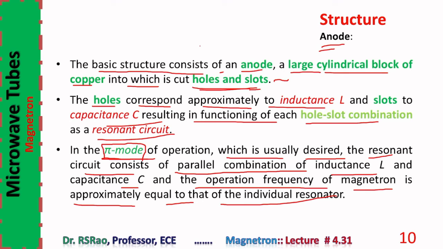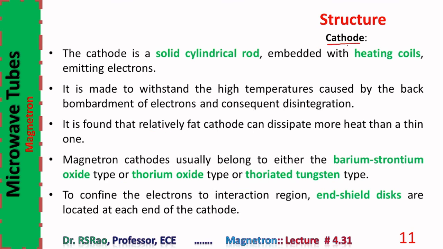Pi radians are 180 degrees. This mode is widely employed in the design of magnetrons because it is associated with several advantages. We are going to see all those aspects in the coming sessions. So pi mode is mode in which poles, which are side by side, they have a phase difference of pi radians. Some points regarding cathode.